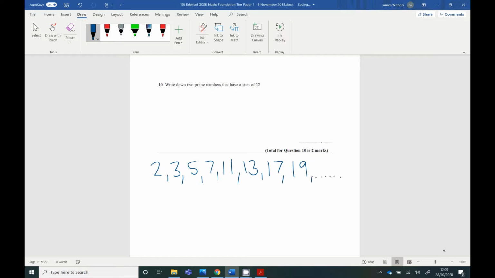Now I need 2 of these that add up to be 32. There probably are others, but the ones that immediately spring to mind are 13 and 19. 13 plus 19 equals 32, yeah. So 13 and 19 will do nicely.